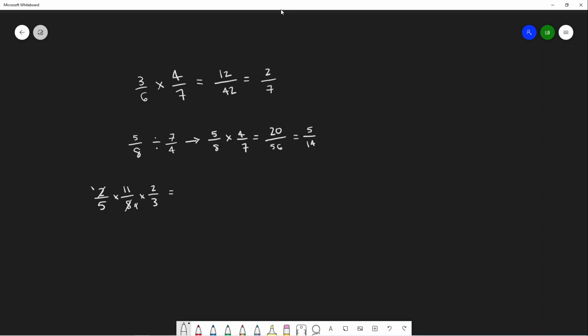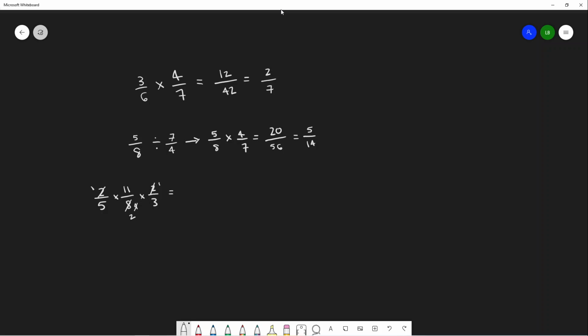I can cross that out and write a 2 because I'm dividing by 2. Then in the numerator of the third, I have a 2, which I cross out, and dividing by 2, I have a 1. So I've simplified it as much as we can before multiplying it out.